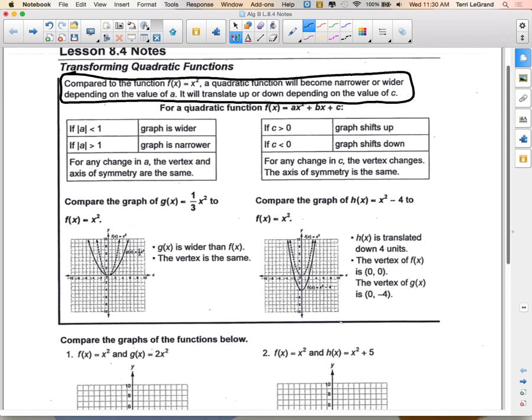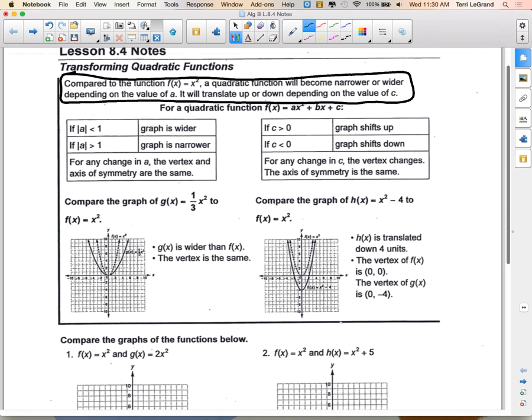It has a role, and it's important that we understand what its role is. Remember what the function f of x equals x squared is.